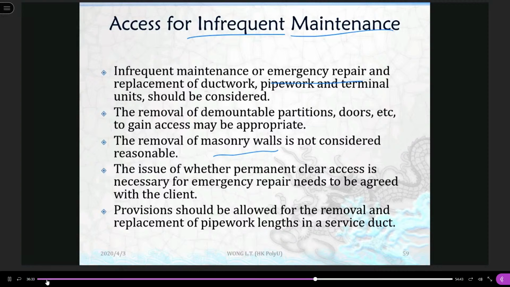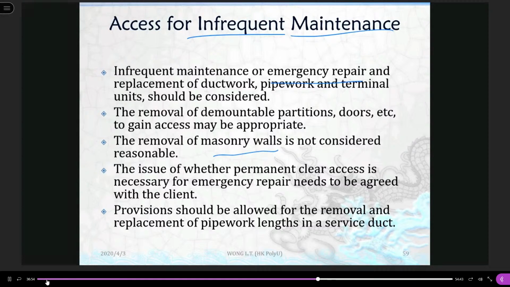This kind of maintenance or replacement is justified because of Causeway Bay. Causeway Bay is a very high rental price area, so the lower floors are used to earn money. For the higher floors, we justified putting the plant room there for economic reasons. That's the reason why. So the judgment is based on that principle.